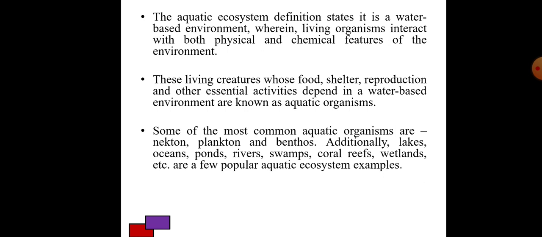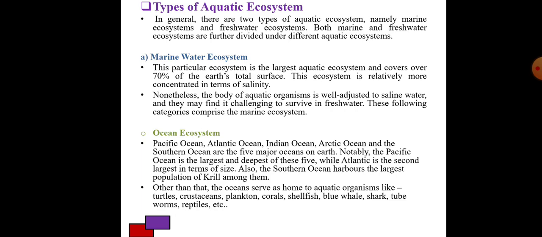Okay, and then benthos. So benthos is the assemblage of organisms inhabiting the seafloor. Okay, so additionally lake, ocean, ponds, rivers, swamps, coral reefs, then wetlands, etc. are a few popular aquatic ecosystems. These are some examples. Okay. Then next one, next is types of aquatic ecosystem.